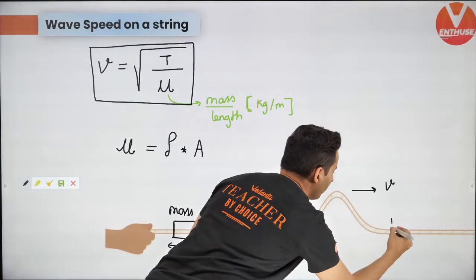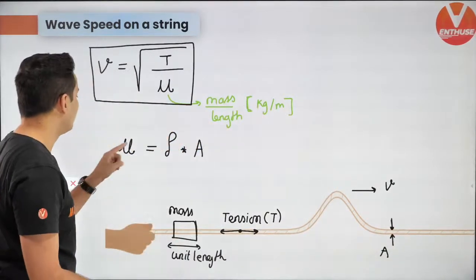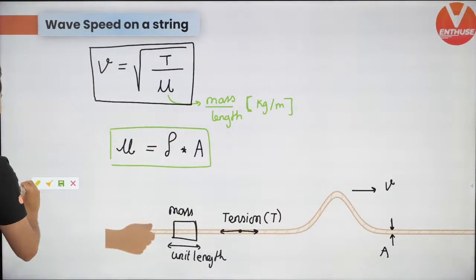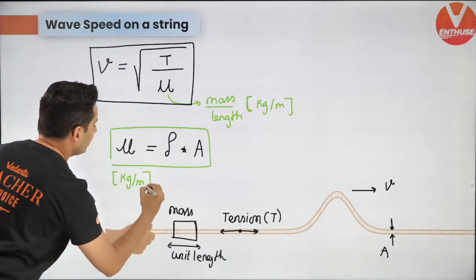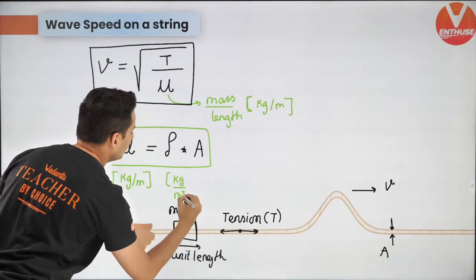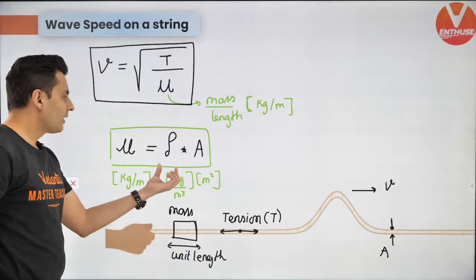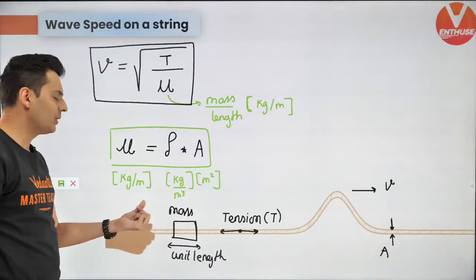That area of cross section will give you mu. It's not difficult to realize this: mu is kg per meter, density is kg per meter cube, and area is meter square. So mass per volume into area gives you mass per unit length.